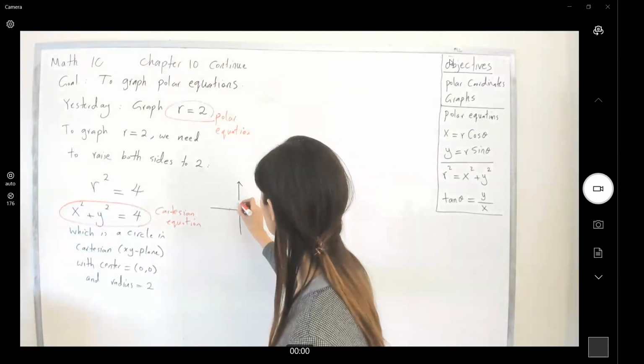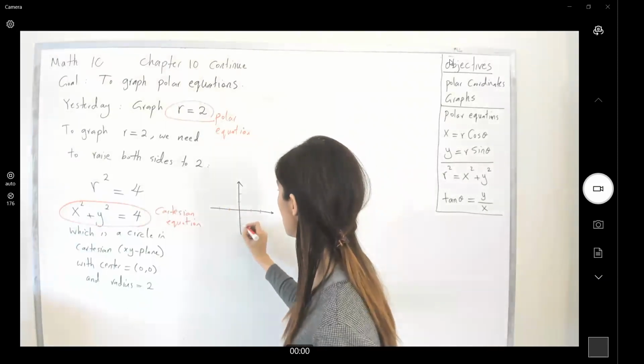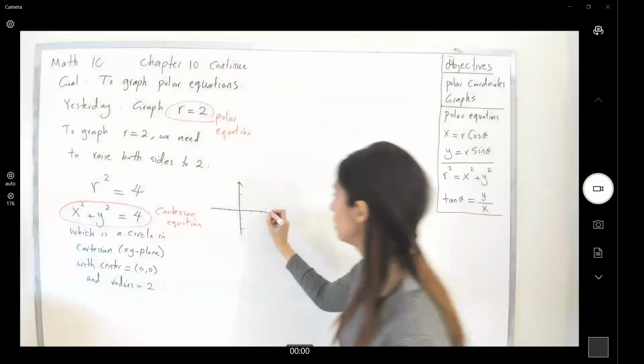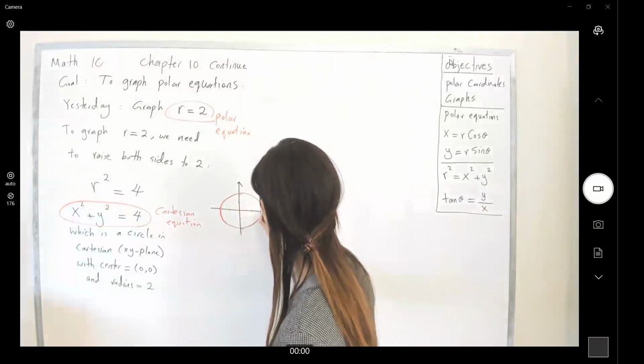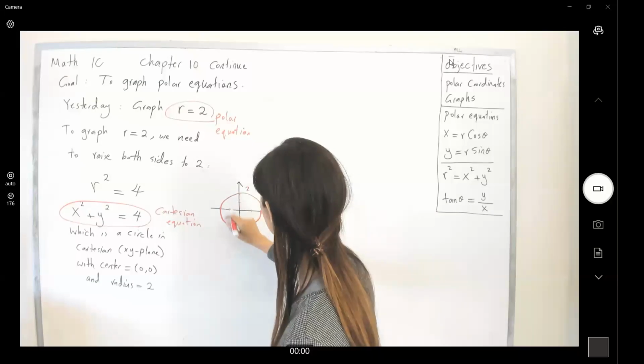So it doesn't matter if you use r equals 2 or x squared plus y squared equals 4. The equation represents a circle of radius 2.